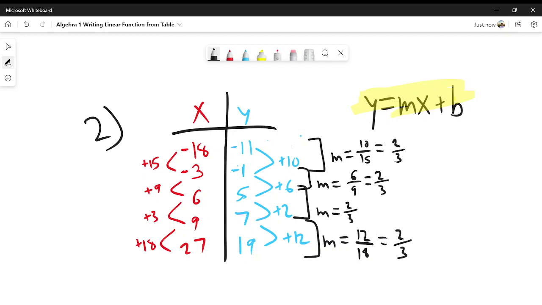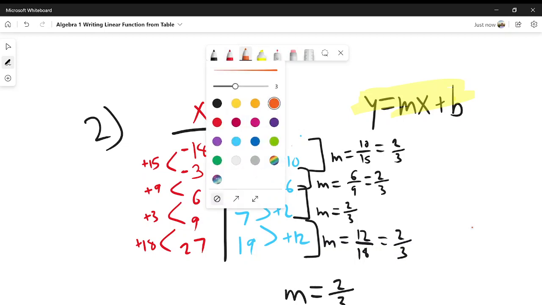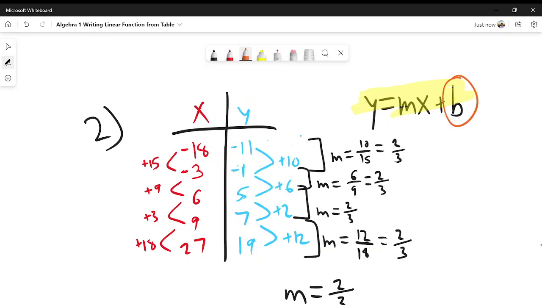Okay, so this tells me that the slope of this table is going to be 2 over 3 because it's the same slope for each point, right? So our m value is 2 over 3. Now all we've got to do is find our b value, our y-intercept.